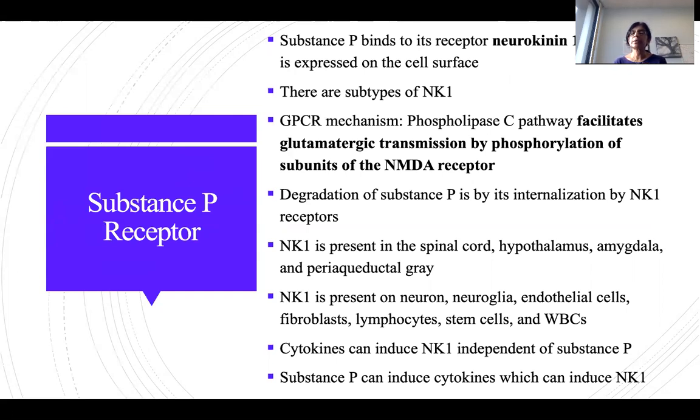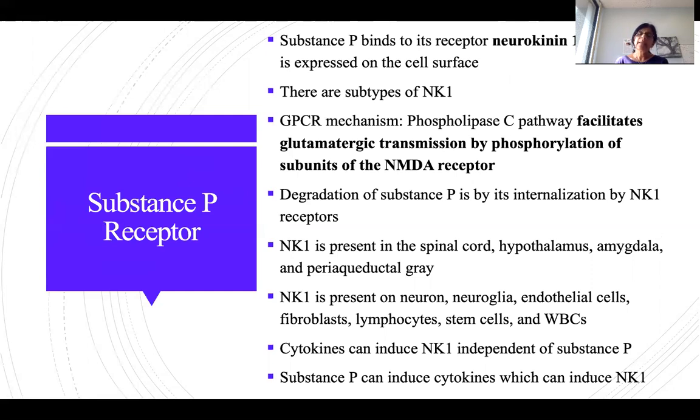So what we should know here is that substance P does not really have a direct effect, but it simply enhances or facilitates the effect of glutamate. That's how you have to understand the role of substance P. Substance P would put the NMDA receptor from an inactive state to an active state.